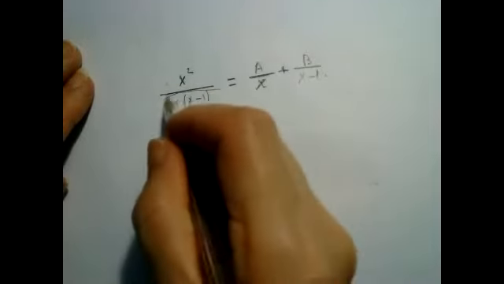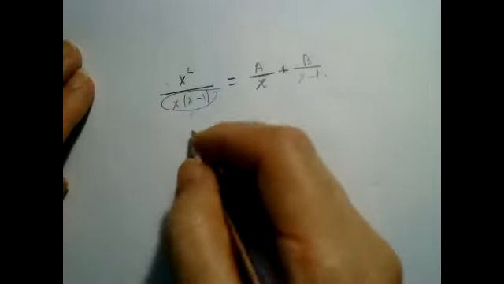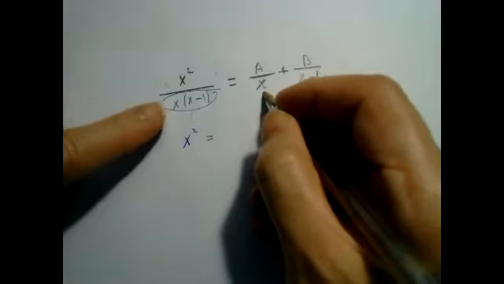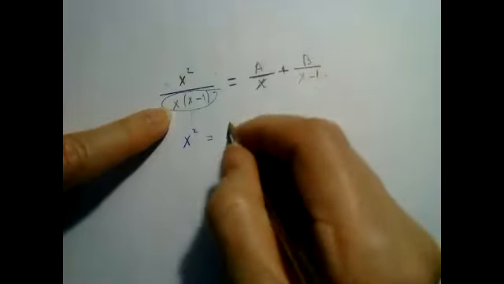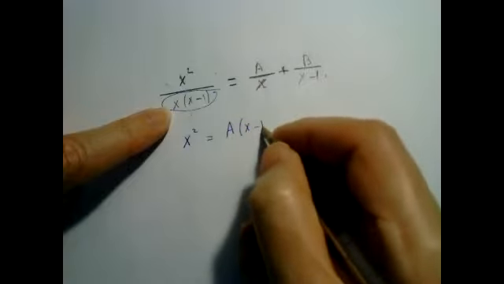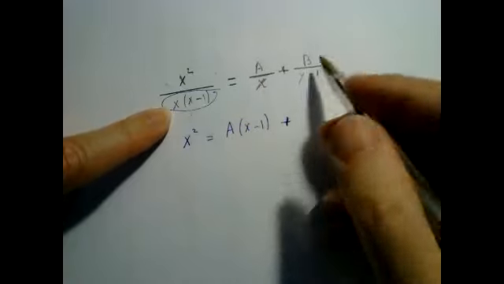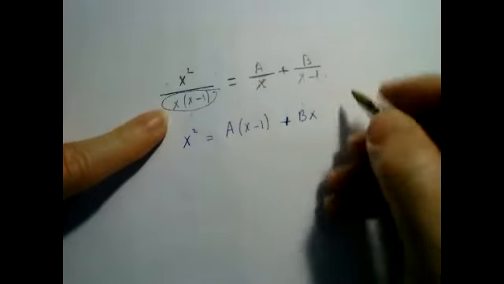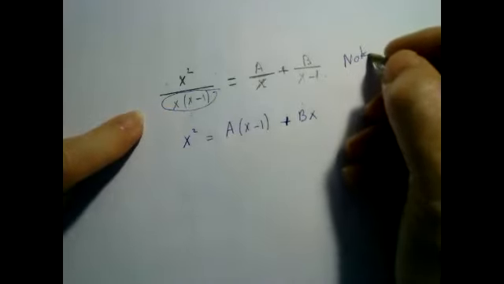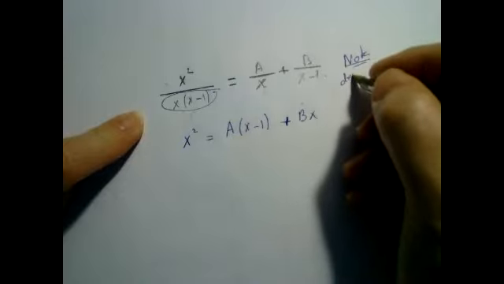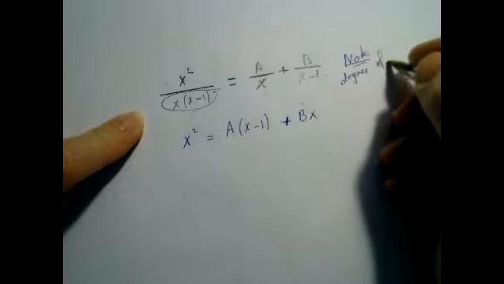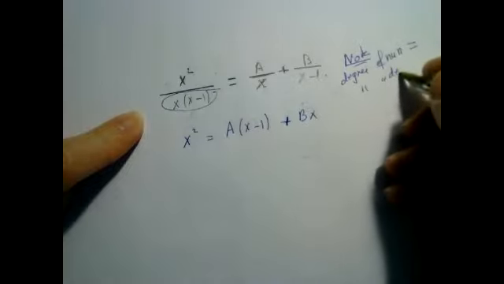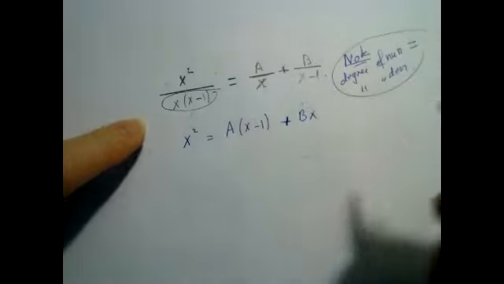I multiply across by this expression, and I will have x squared equal A times (x minus 1) plus B times x. Note the degree of the numerator equals the degree of the denominator. That's really my problem here.